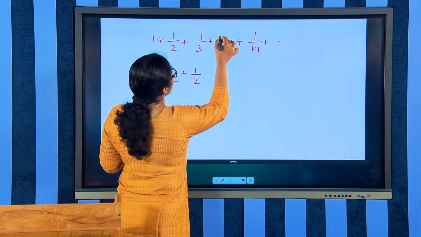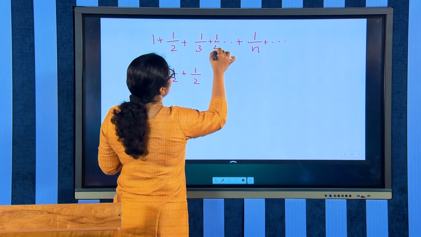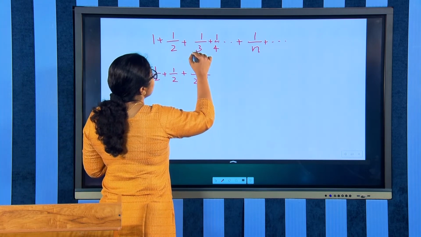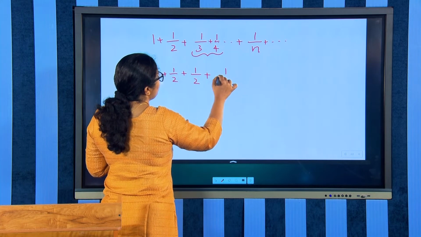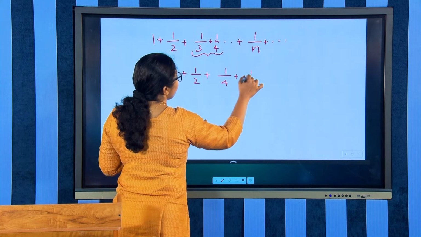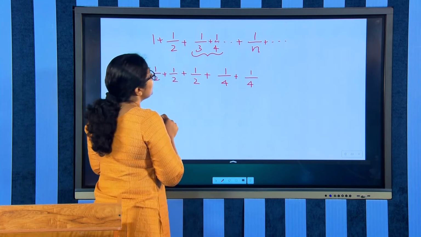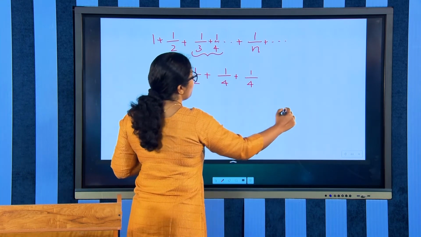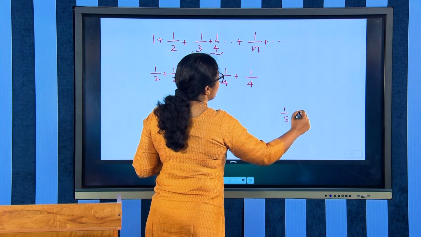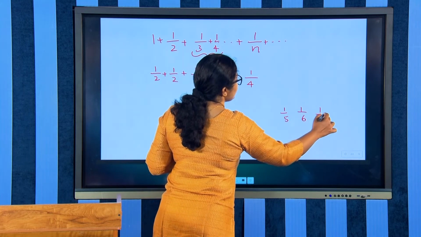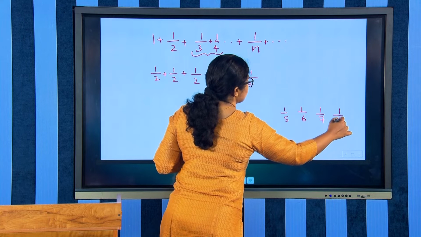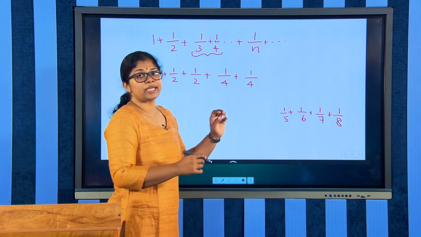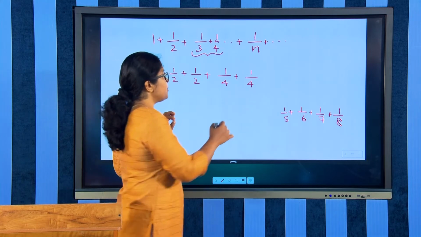The next term to 1 by 3 is 1 by 4, which you can write, or replace these two terms using 1 by 4. Then the next collection of terms that we are going to take is 1 by 5, 1 by 6, 1 by 7, 1 by 8. So, the sum of these 4 terms we are going to replace by 1 by 8.